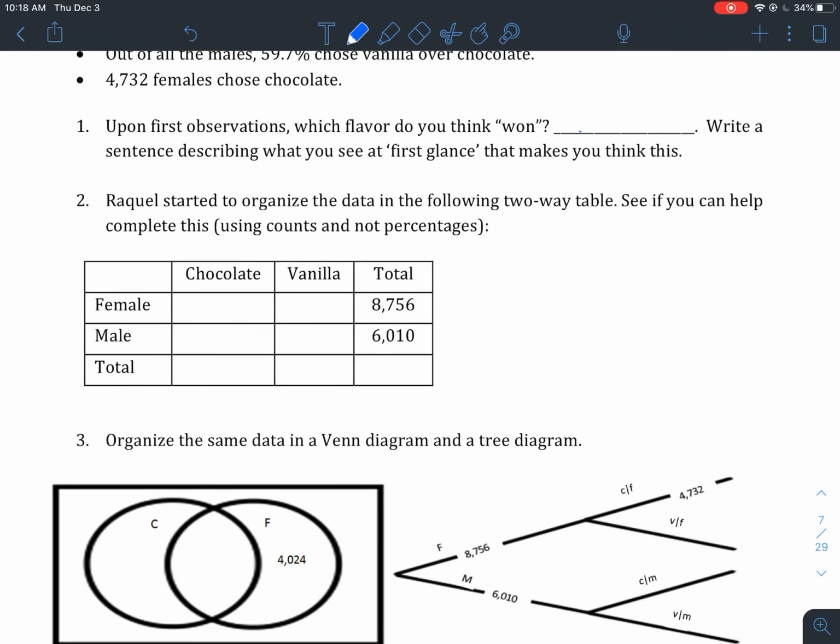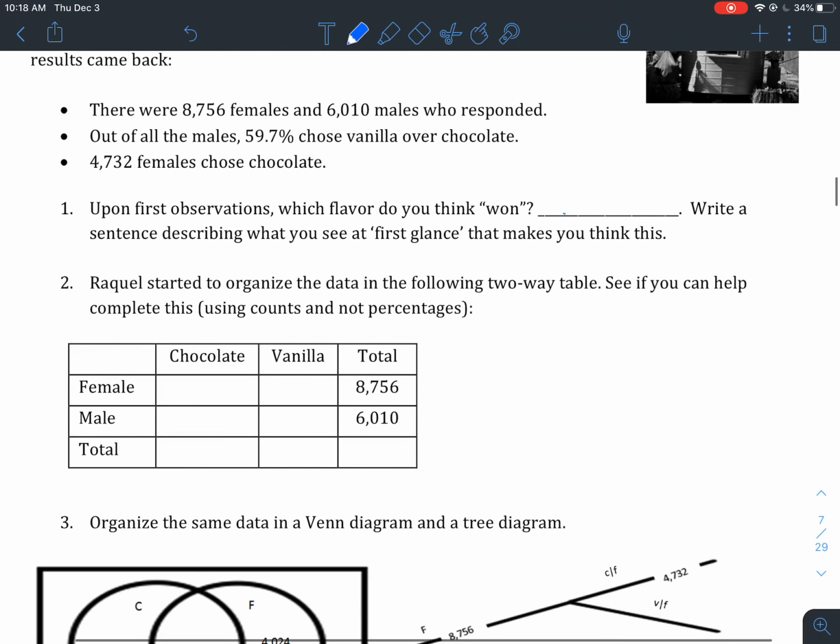All right. So first off, they did give us our total number of males and females. They gave us the information that 59.7% of males chose vanilla. So what we can do is figure out exactly how many males chose vanilla.